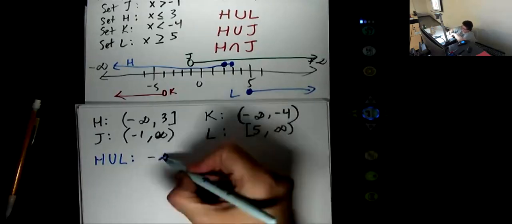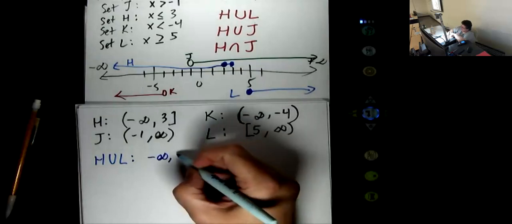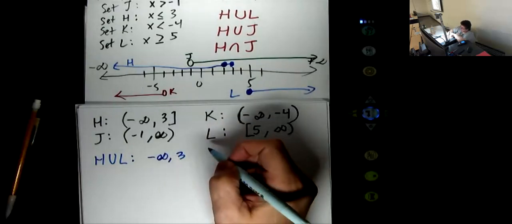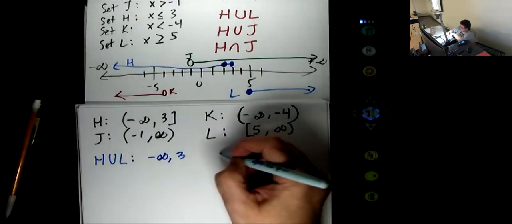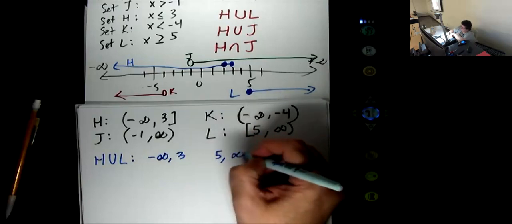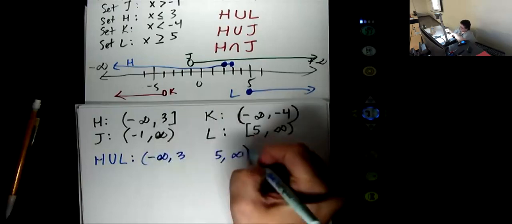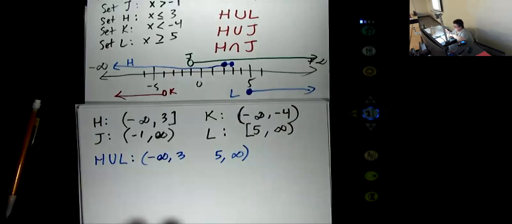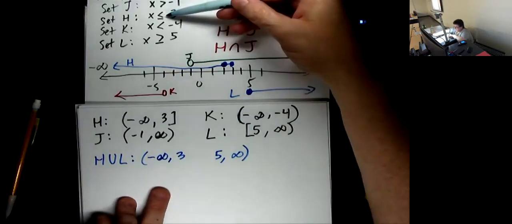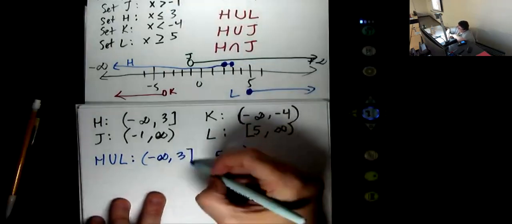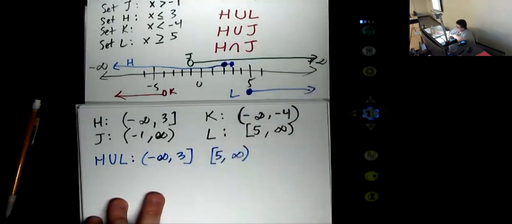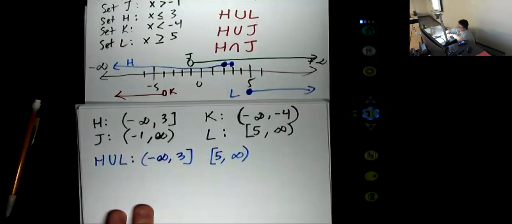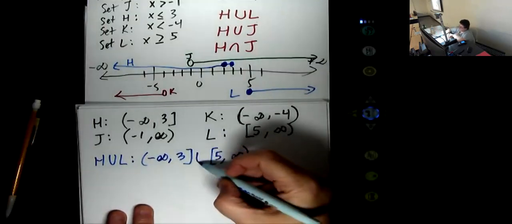It starts at negative infinity. It goes up to 3. And then there's a break and it starts again at 5 and it goes to infinity. The infinities always get parentheses. 3 was a solid point. We also have the equal portion, so it gets a bracket. 5 was a solid point. It had an equal sign. It gets a bracket. And since there's 2 regions, we need to put a U between.